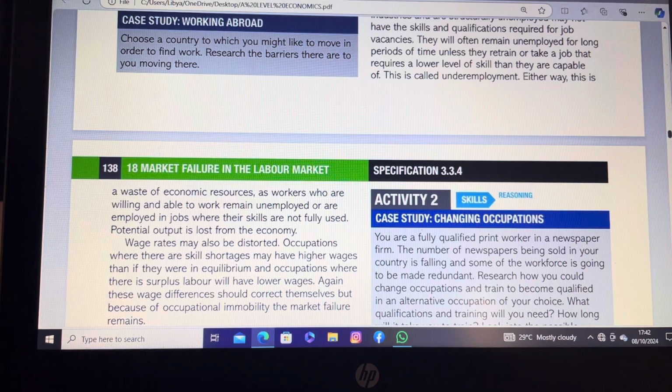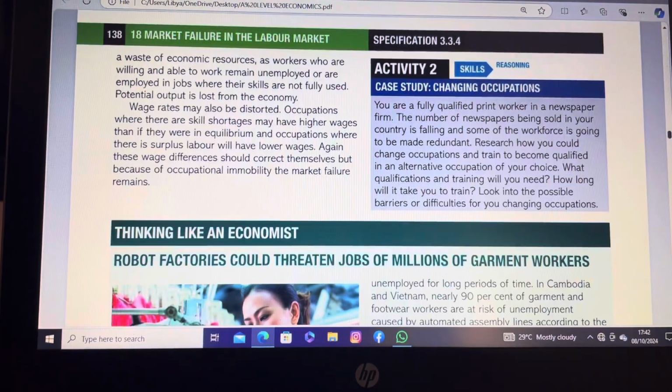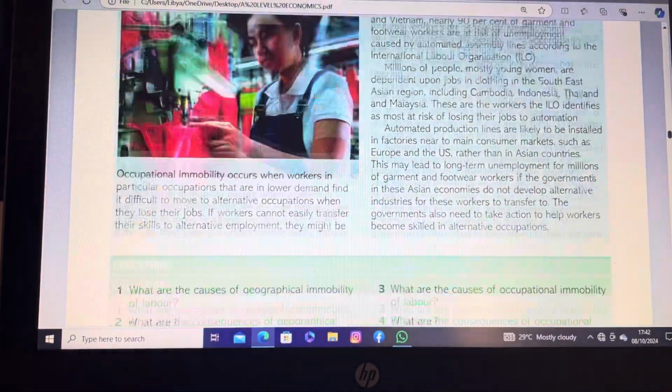So there will be surplus and there will be shortage. In areas where there is shortage, the wage rate will increase. In areas where there is surplus, the wage rate will reduce. That is another consequence of occupational immobility of labor.